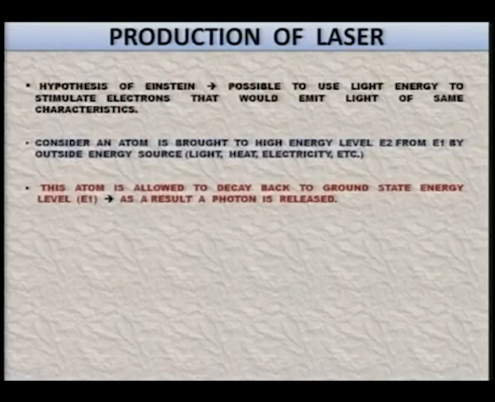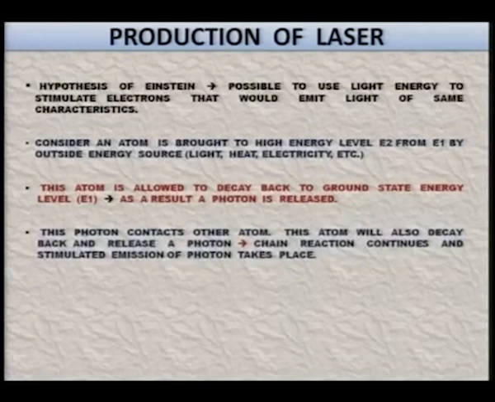This atom is then allowed to decay back to ground state energy level, that is from E2 level to E1 level. As a result of this decay back, a photon is released by the material, and this photon is nothing but the light. This photon contacts other atoms in the lasing material. This atom will also decay back and release a photon.